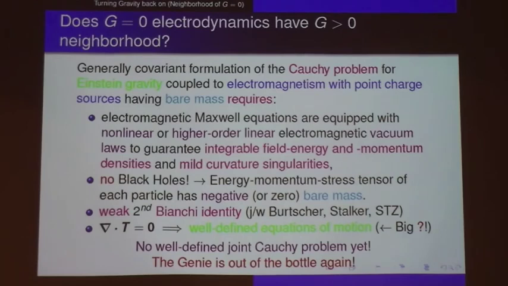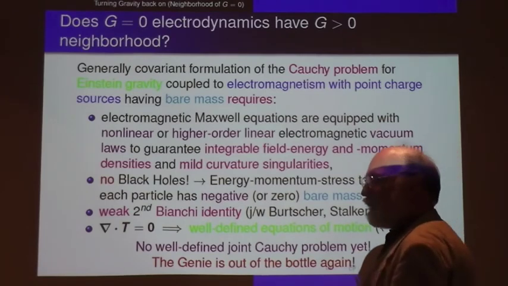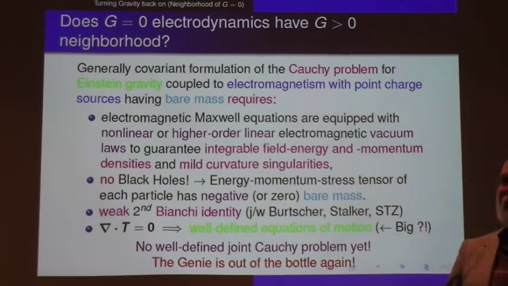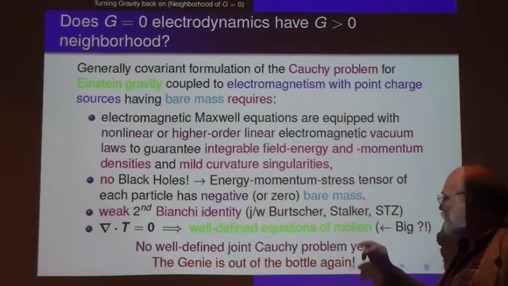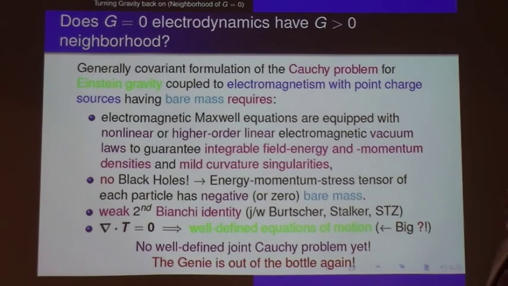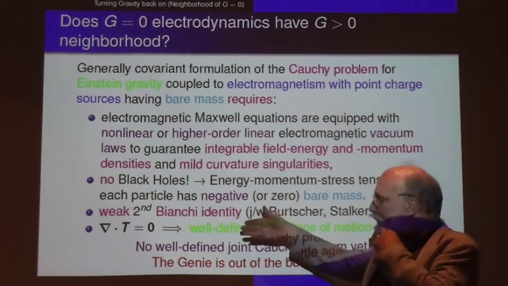So that indicates that you also have to change the gravitational coupling from space-time into the electromagnetic stress energy tensor. There's a joint work going on with Annegret Burtscher, John Stalker, and Shadi Tahvildar-Zadeh, where we are working on part of these problems.